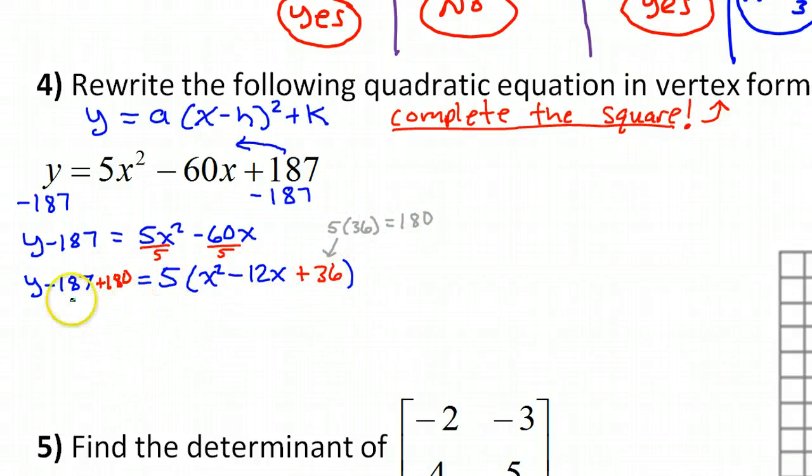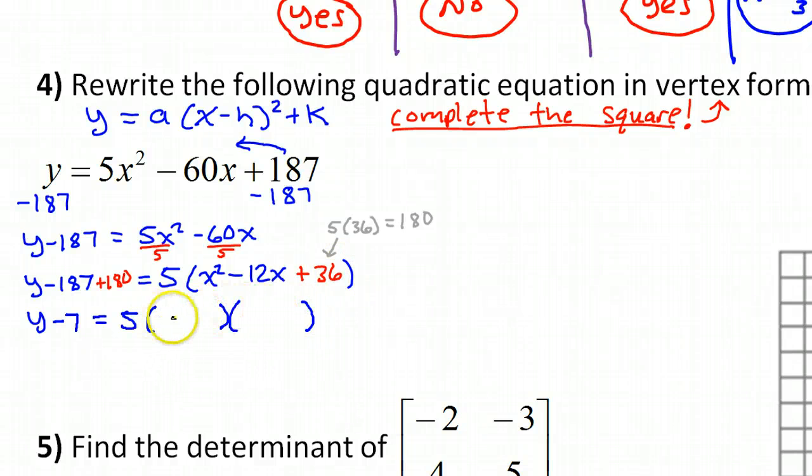Then I can finish the problem. So far I've got y minus 7. Negative 187, positive 180, that's negative 7. Equals 5. Now, this should factor as the same thing twice. I've had people get to this point and go, oh, it's unfactorable. Well, guess what? If it's unfactorable, you messed up. The whole point of doing this is to make it factor, and specifically it should factor as the same thing twice.